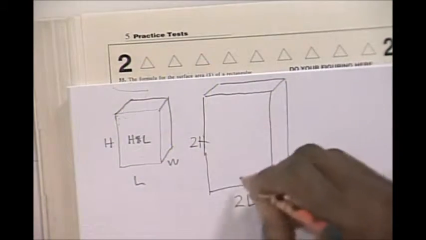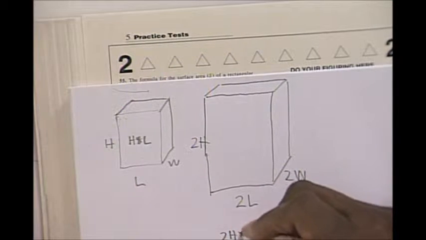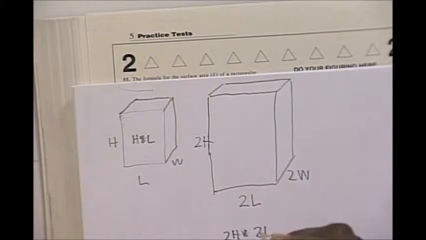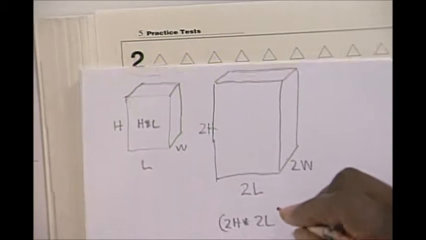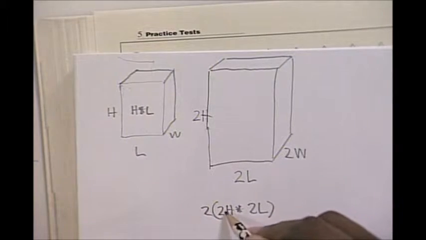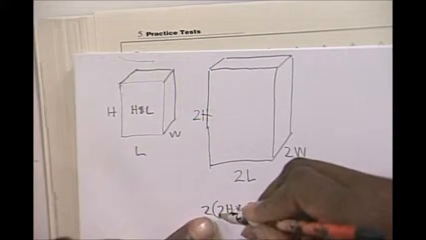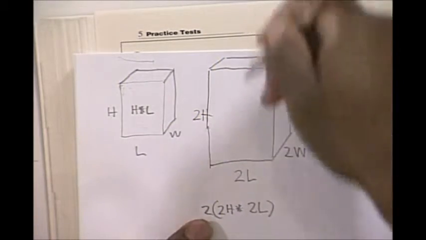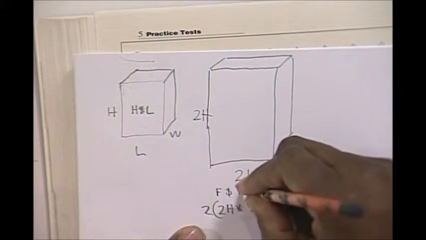Here you have twice the height times twice the length, and now you've got 2 of those, so you have to multiply that by 2. Multiplying twice the height times twice the length times 2 is finding the surface area of this front surface and its back. All right, so this is front and back.